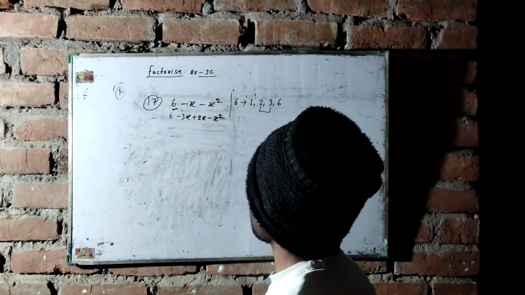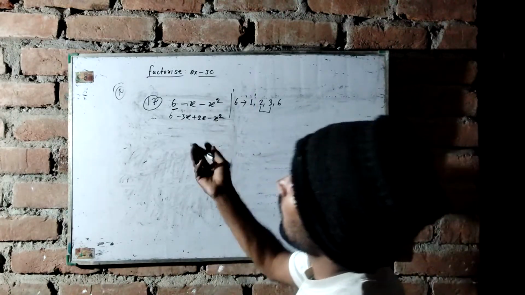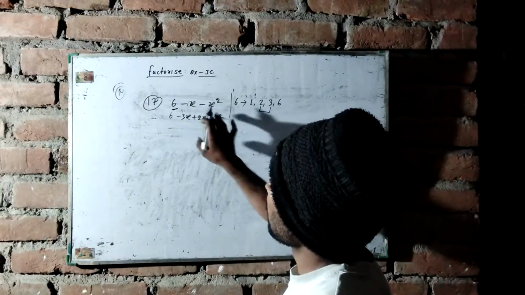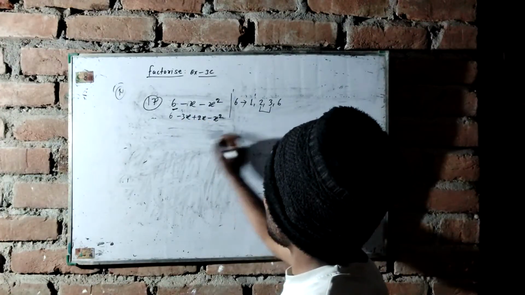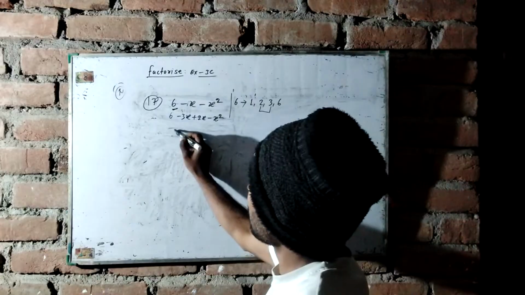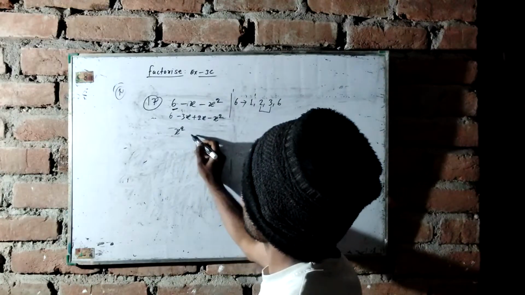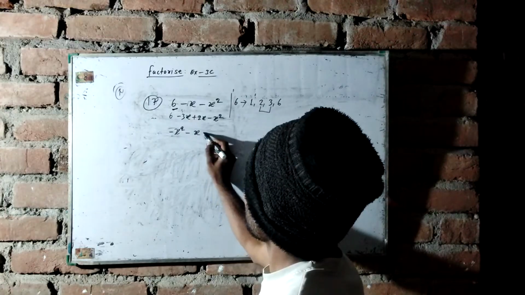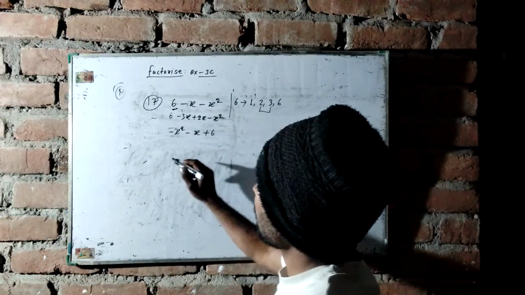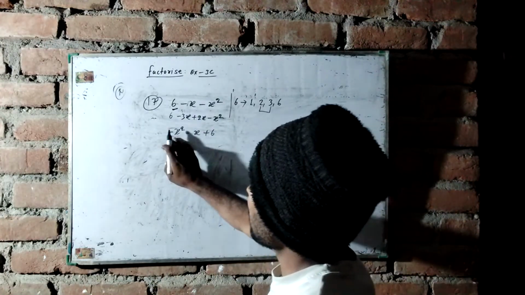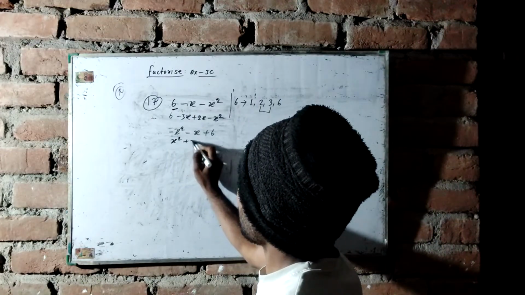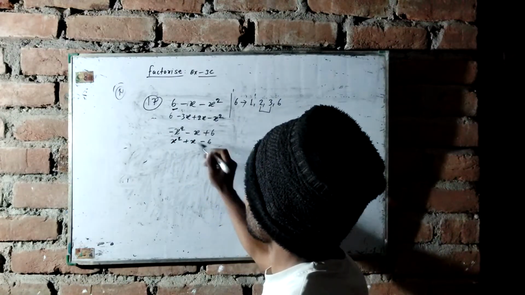Now you can also write this polynomial in standard form. So you can write this polynomial as minus x squared minus x plus 6. So we take minus as a common factor and we can write x squared plus x minus 6.